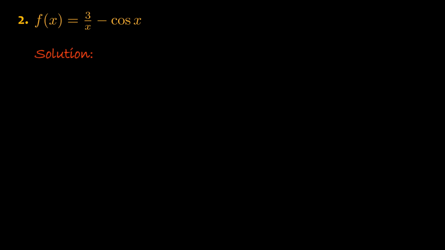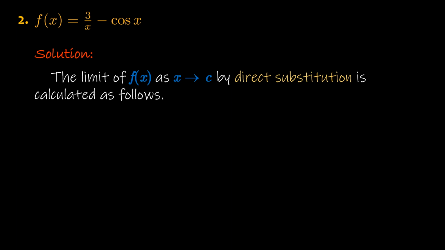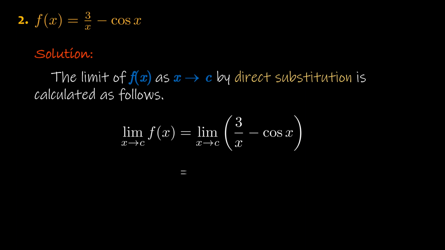Solution: the limit of f of x, as x approaches c, by direct substitution is calculated as follows. c equals 0 is not allowed because a number divided by 0 is undefined.